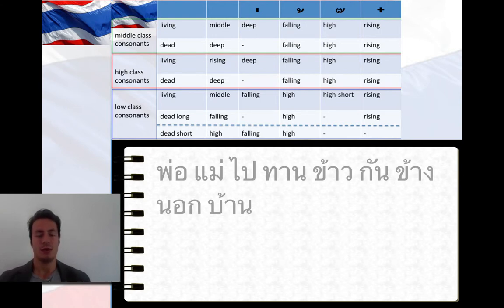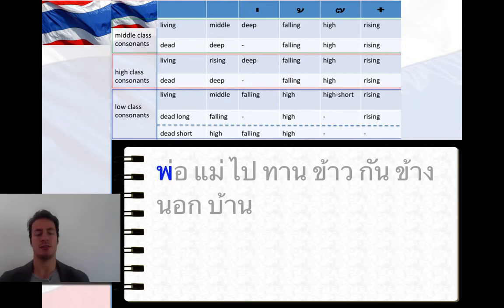So, whatever we do, we always have to look at the syllable, the initial consonant and the tone mark, in order to find out which tone it is. Let's take a look at the first word.